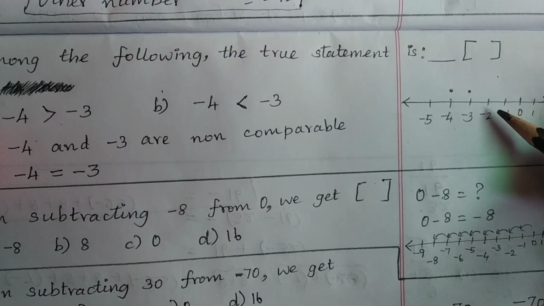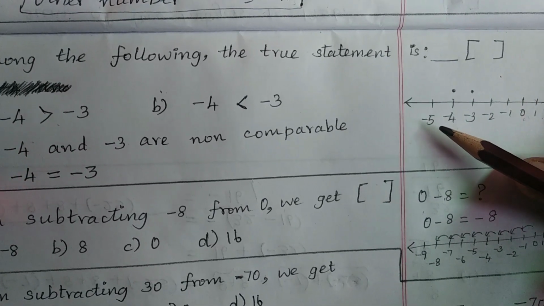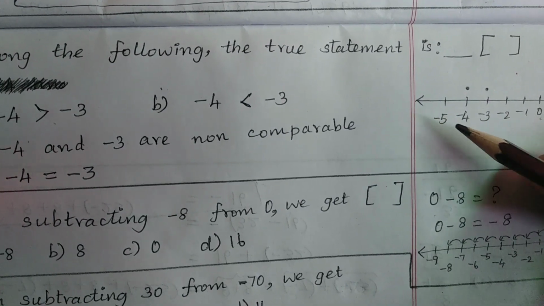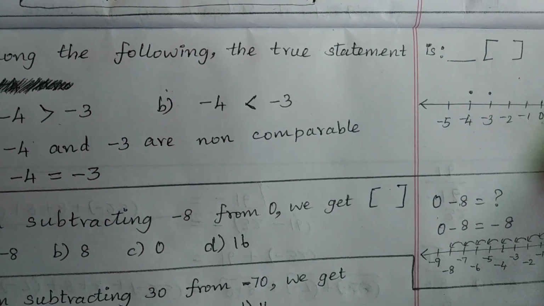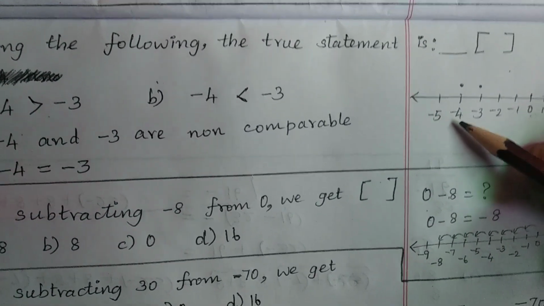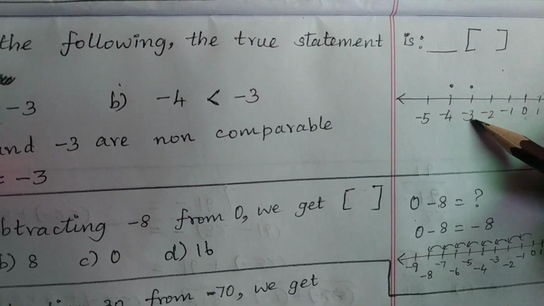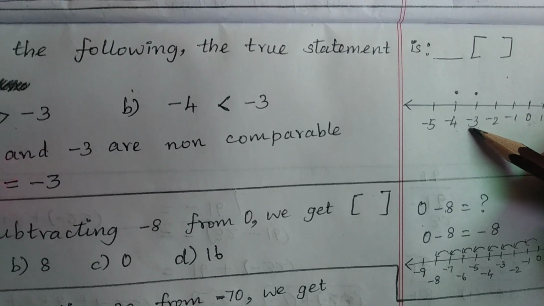In a number line, we know that the numbers towards the left side will be less than the numbers which are on the right side. Here, in the number line system, minus 4 is to the left of minus 3. So, minus 4 is less than minus 3.